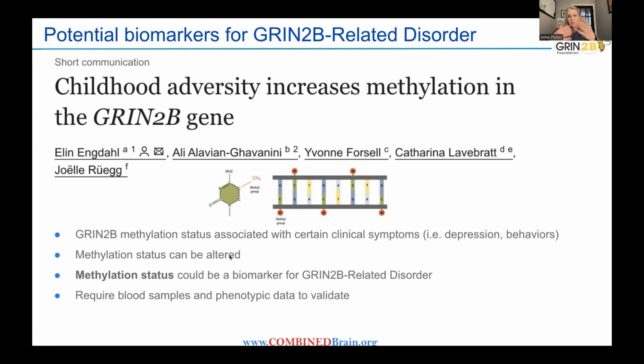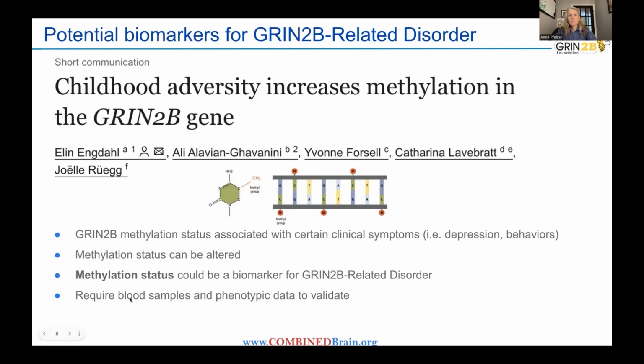In this case, it could be GRIN2B. So because of this, methylation status could potentially be a biomarker for GRIN2B-related disorder. I say potentially because this certainly hasn't been validated in a population of GRIN2B individuals, but there is scientific justification for looking at something like this.